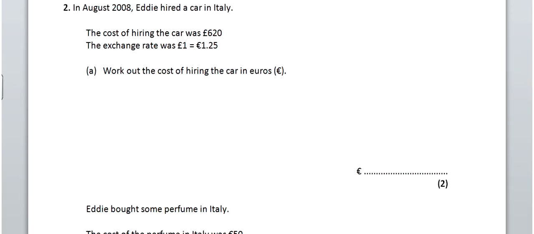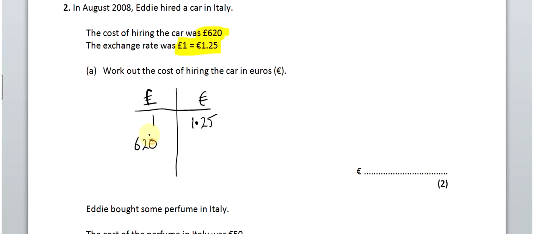Question 2. So Eddie's hired a car. Cost of hiring it was £620. £1 is €1.25. Work out the cost of hiring the car in euros. So we know that we've got pounds and we've got euros, and £1 is €1.25, and we want to know what 620 is.